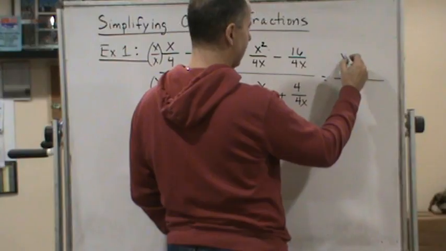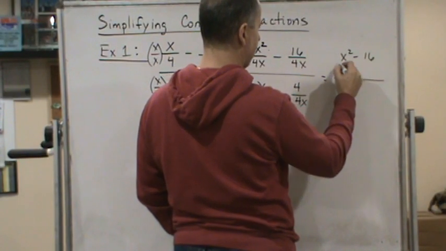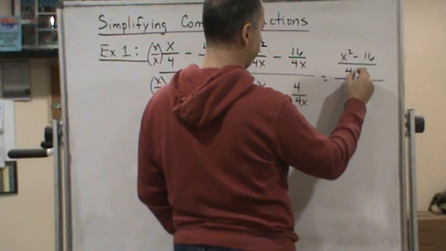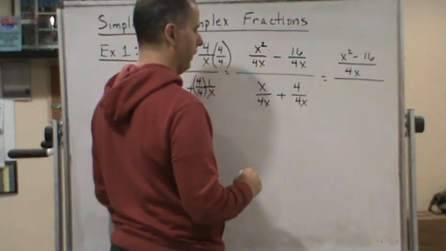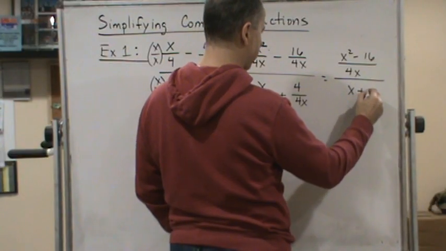I get x squared minus 16 all over 4x, and I get, on the denominator, x plus 4 over 4x.